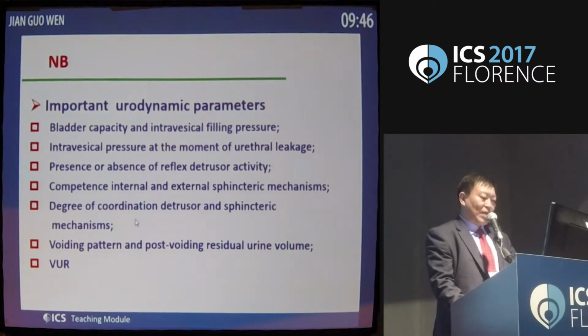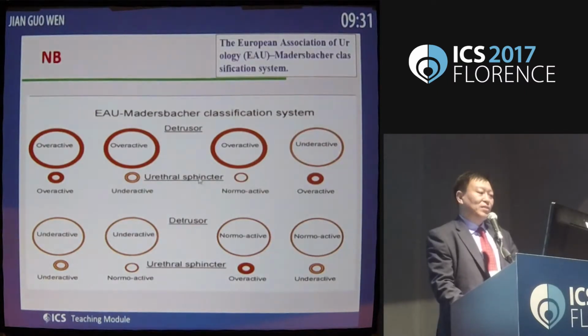With this urodynamic study, we can easily make a diagnosis. Also the voiding pattern and the post-void residual urine are most important. Video urodynamic study gives us information about the reflux. So from the urodynamic study, we can categorize the type of bladder dysfunction.